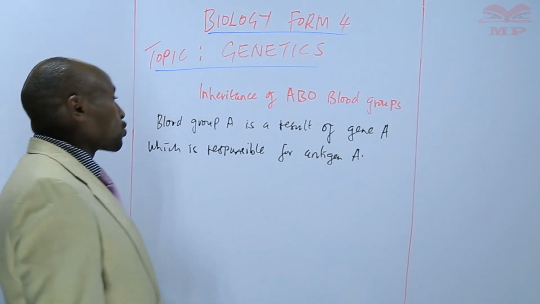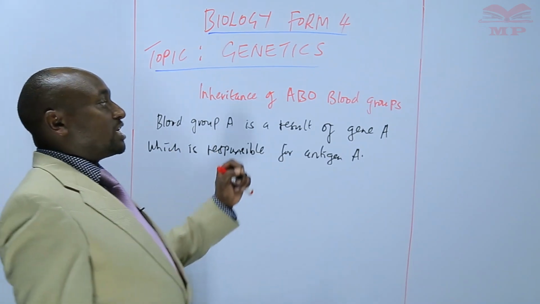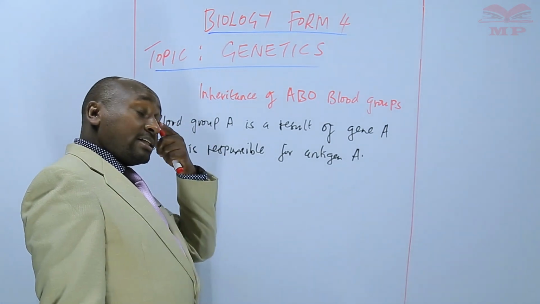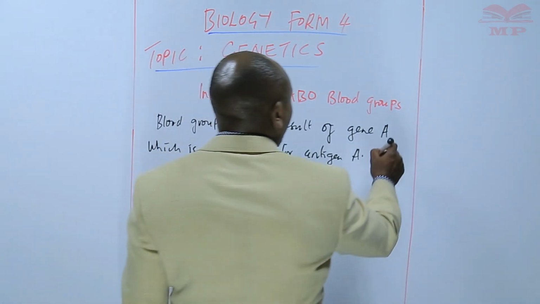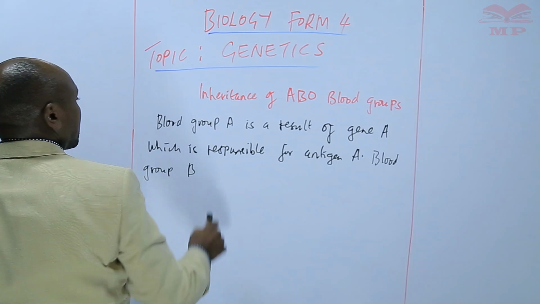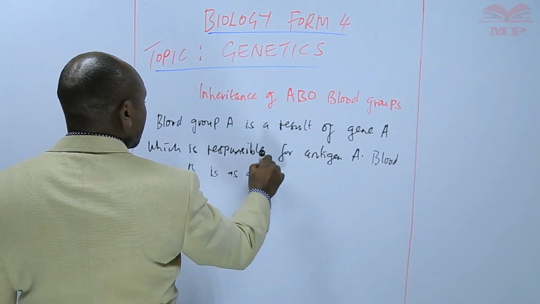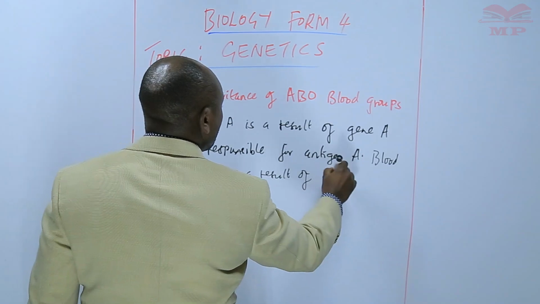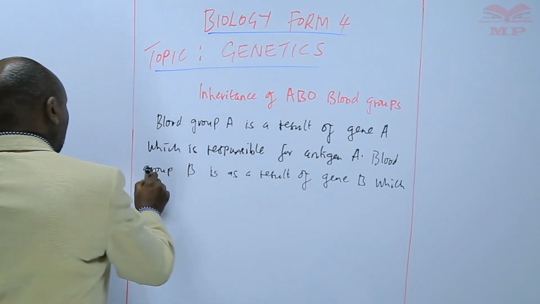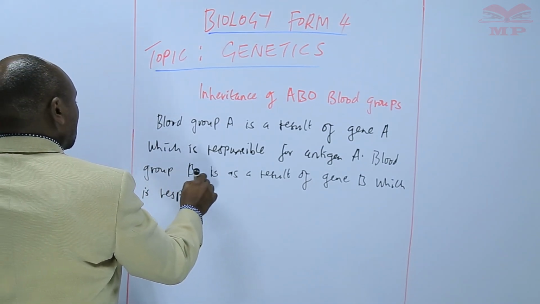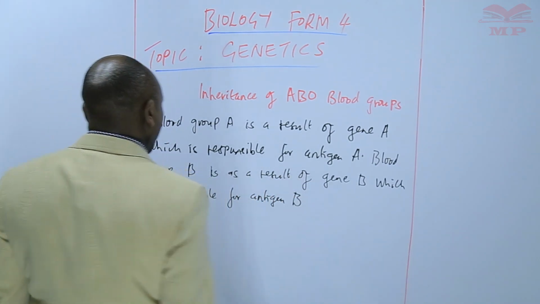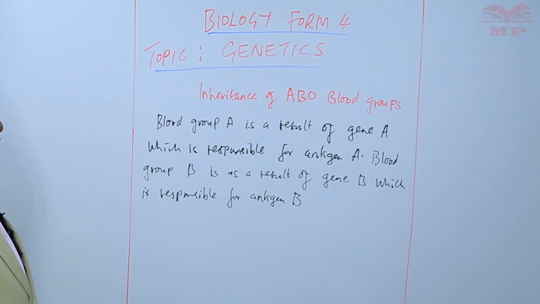So a person has blood group A because of gene A, and that gene A is the one that causes the presence of antigen A. Then the same applies to blood group B, is as a result of gene B, which is responsible for antigen B. As again repeated, antigens are put in capital letters.